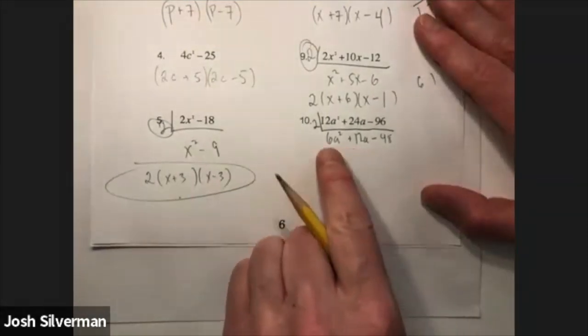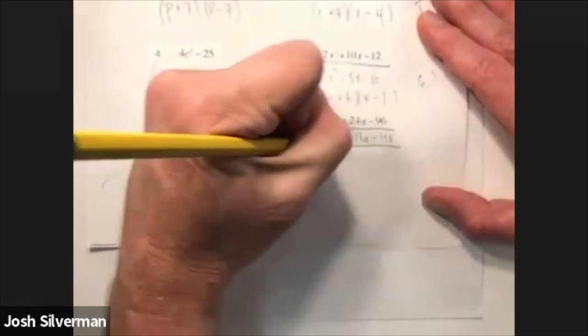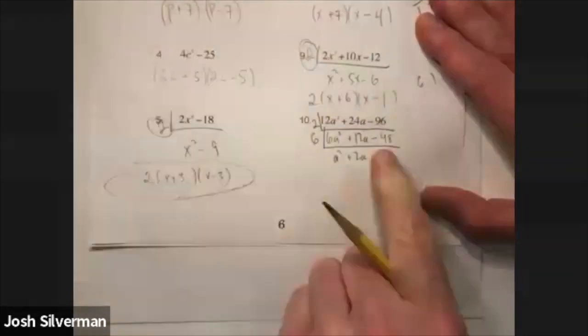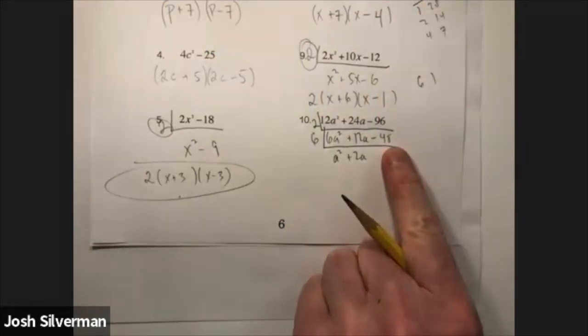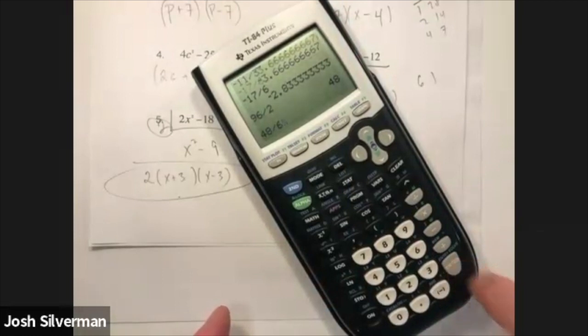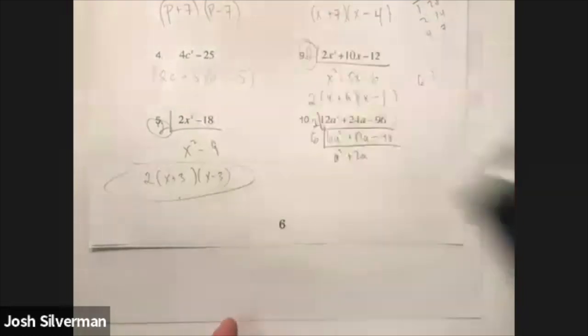And yes, all 3 of those terms can be divided by 6. A squared plus 2a and 48 divided by 6. That's going to be 8.